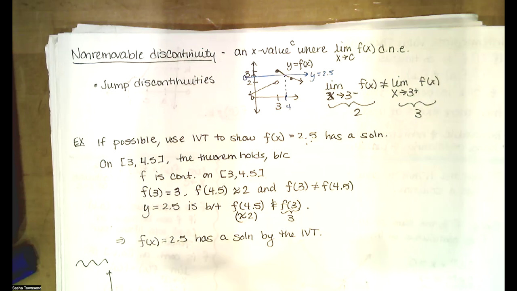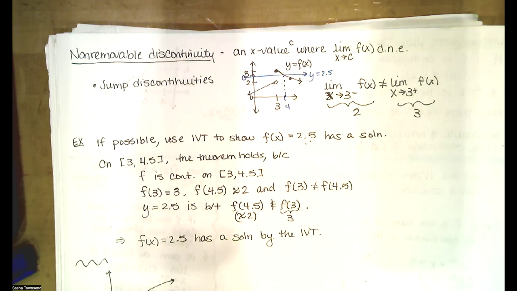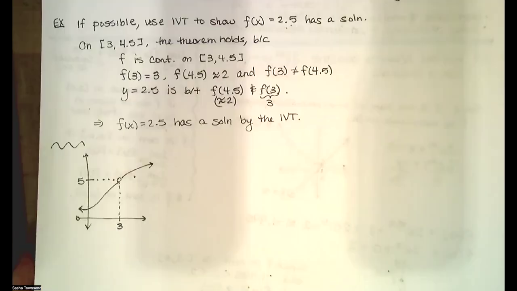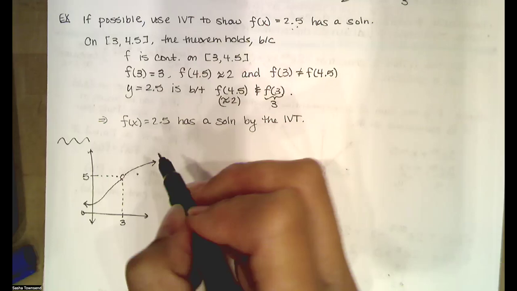Maybe my graph looks like this. This type of discontinuity is called a removable discontinuity.